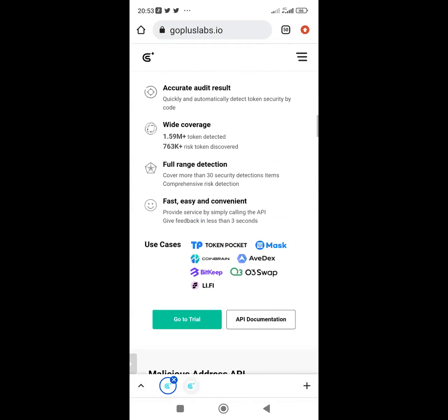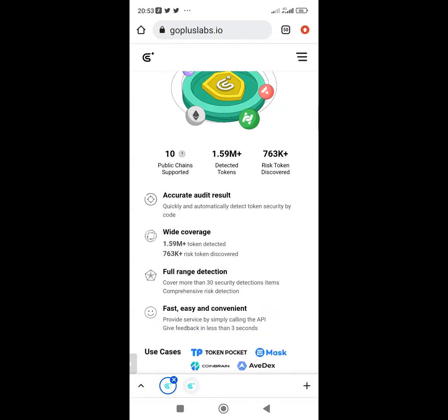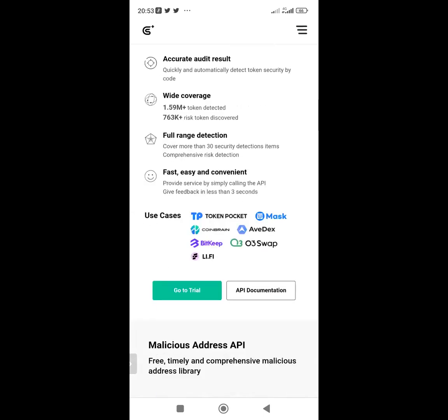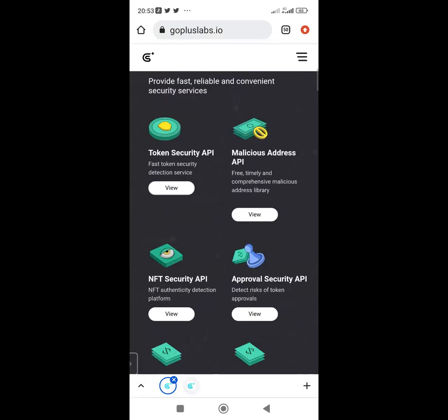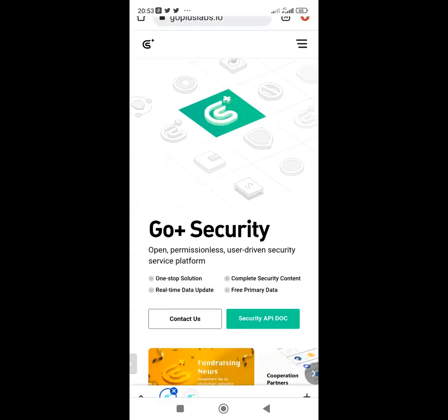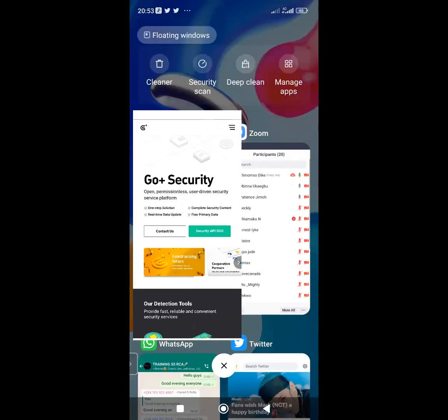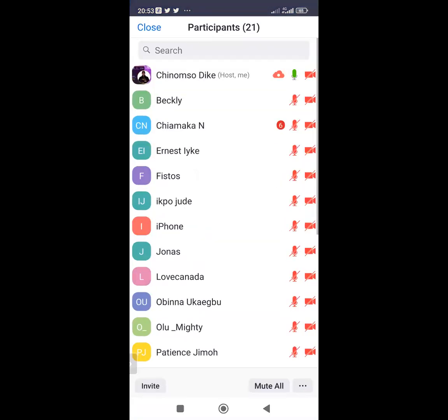If you open Token Pocket, you see Go Plus security powering all their trades. Most companies now are coming in. So what are we saying? This is how you get to pick new projects that are going to do very well.